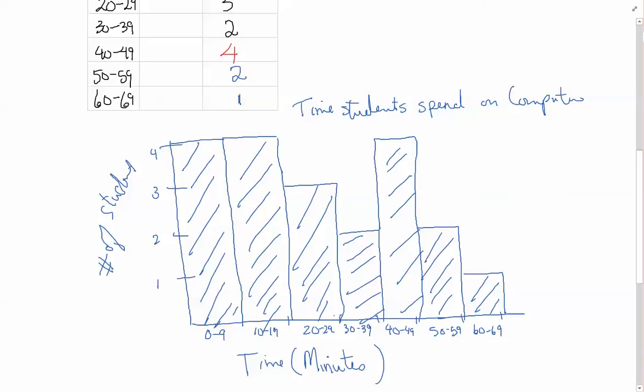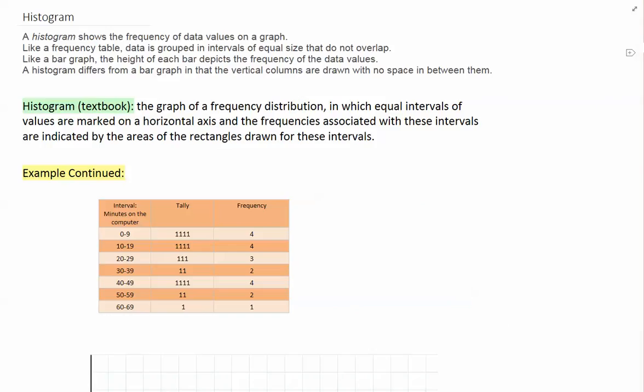So I drew the histogram. Here's the definition for histogram. A histogram shows the frequency of data values on a table. A histogram differs from a bar graph in that the vertical columns are drawn with no spaces between them.